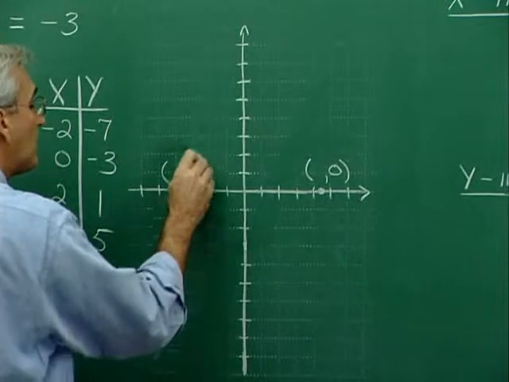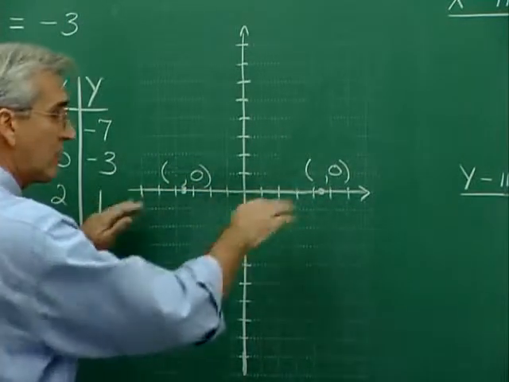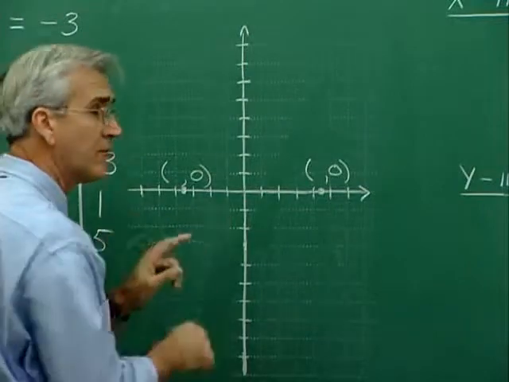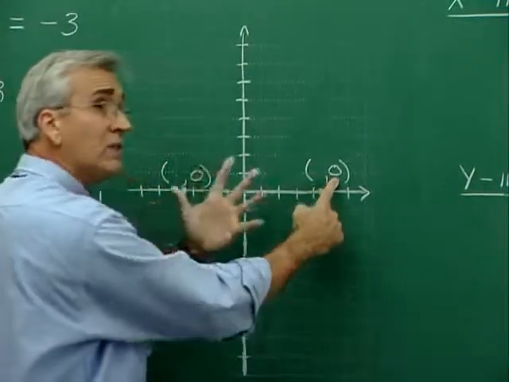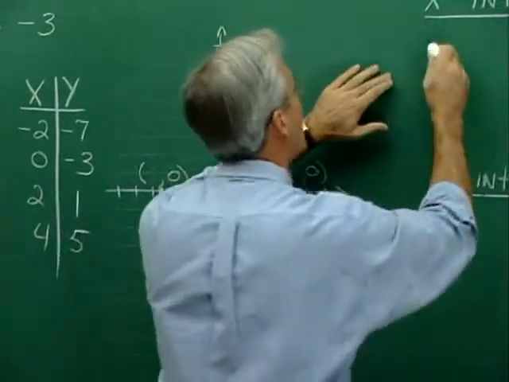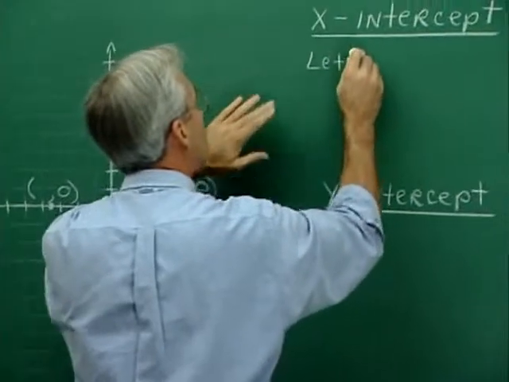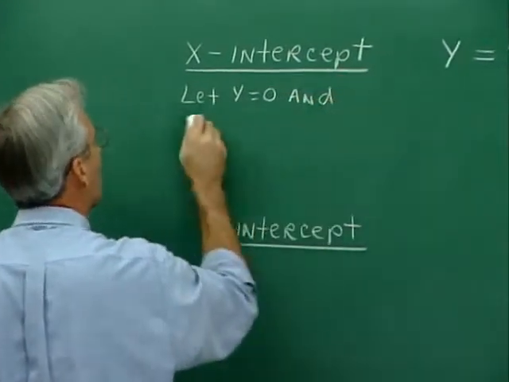The y component is going to be 0. Now that tips us off as to how we find x-intercepts. We find x-intercepts by letting y take on the value 0 and then solving for x. So up here for the x-intercept, we let y be 0 and solve for x.